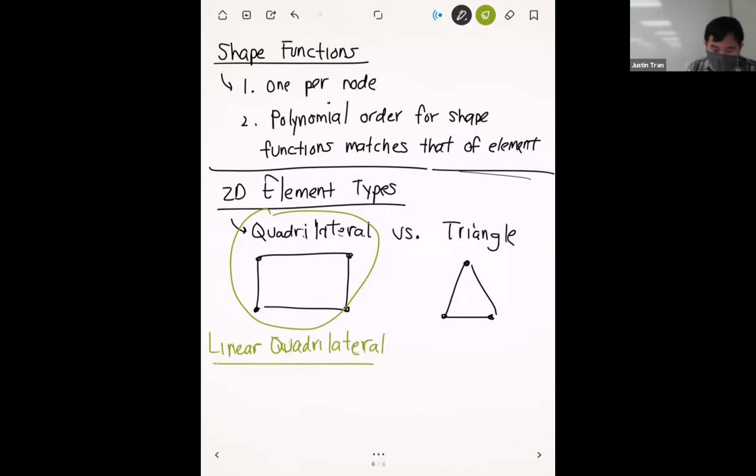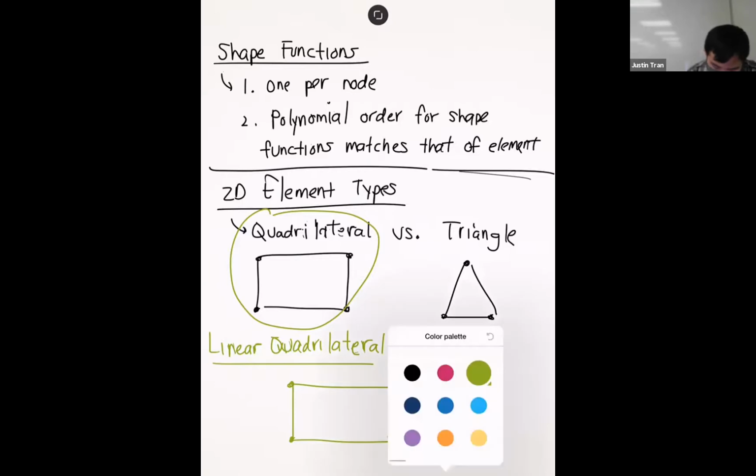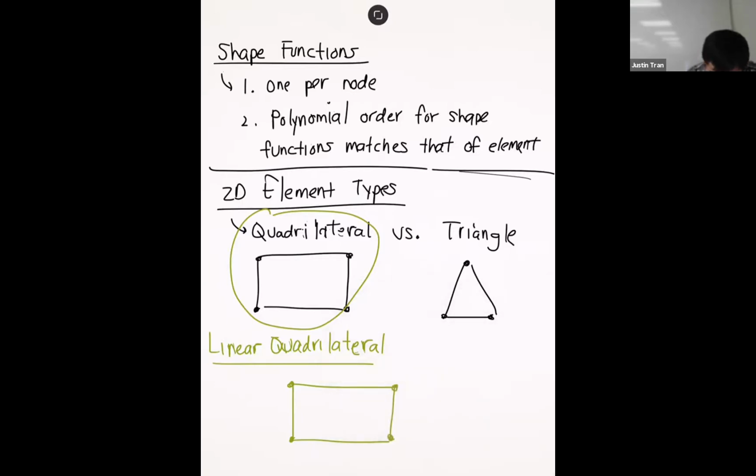The linear quadrilateral looks exactly as you see above, and there are going to be 4 nodes. Actually, I think the notation I use in the notes is letters. So this is node I, node J, this is node M, and this is node N. Each of these nodes has its respective coordinates.